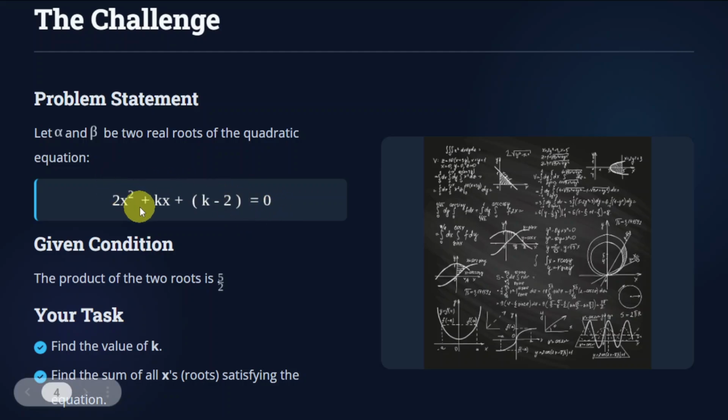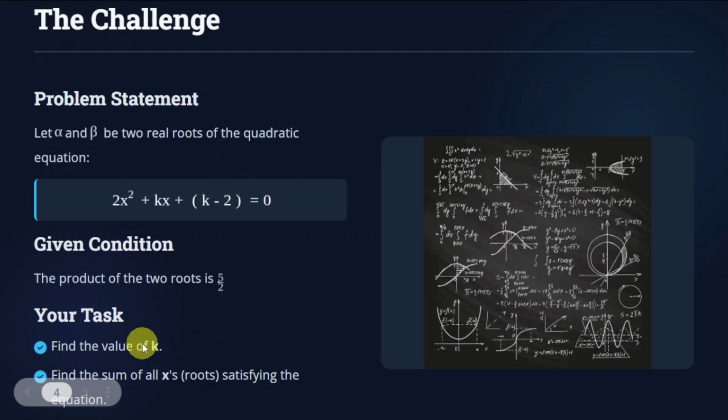The given condition says the product of the two roots is 5 over 2. Your task is to find the value of k.